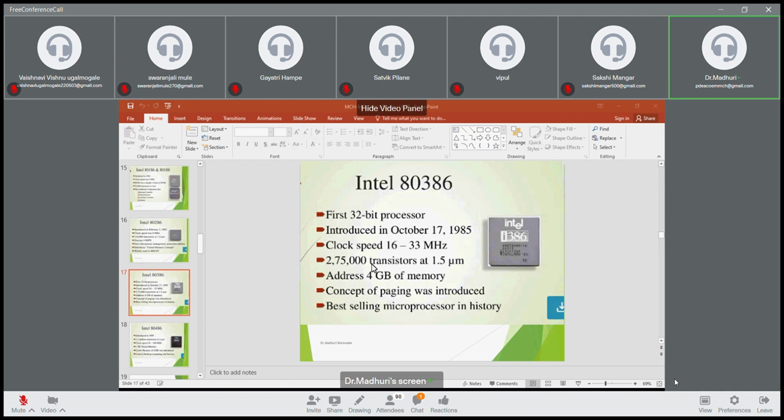The microprocessor is in the form of an IC. Now it can address 4 GB of memory. Also, a very good concept they have included in this 386 processor is the virtual mode.